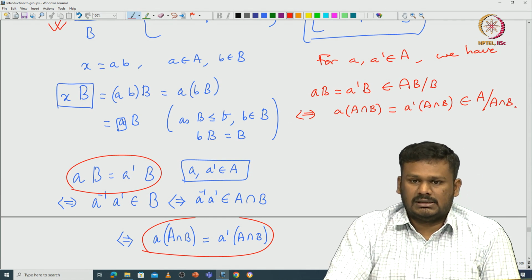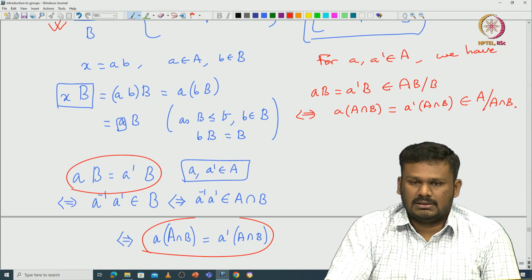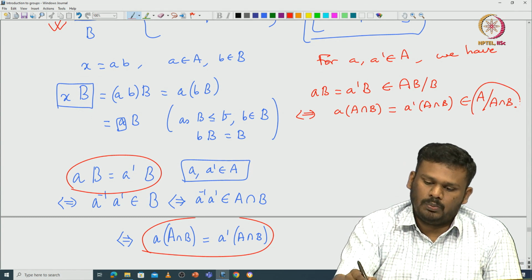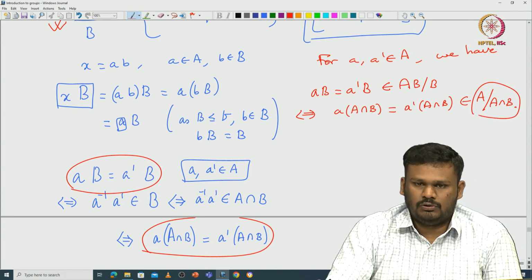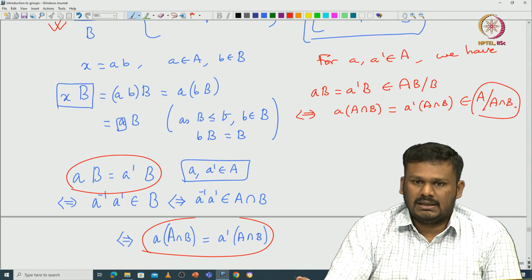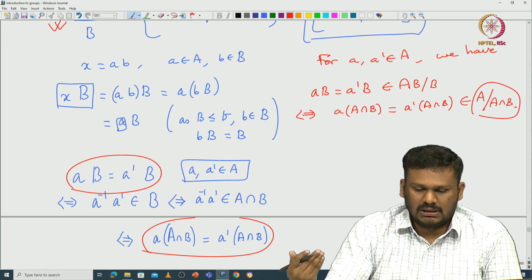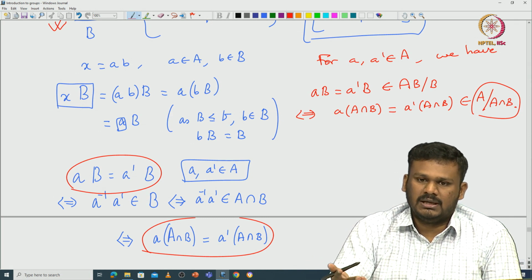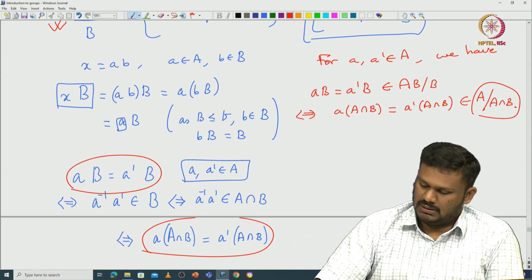Note that A intersection B is a subgroup of capital A. So, A modulo A intersection B makes sense, left cosets make sense, there is no issue. Whether it is a group or not, that is something we need to check. To check that, we need to check whether A intersection B is a normal subgroup or not. Okay? If it is a normal subgroup, then this suggests that both must be isomorphic. Okay?